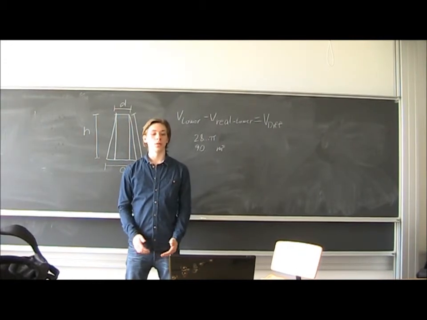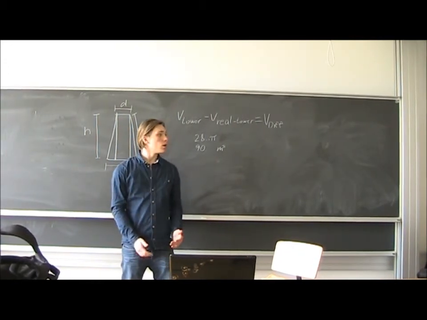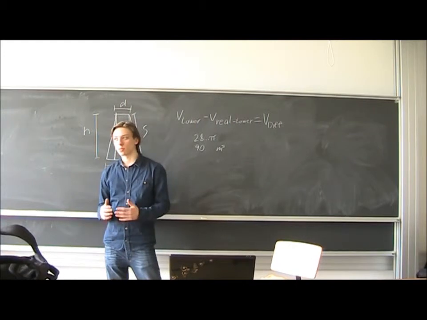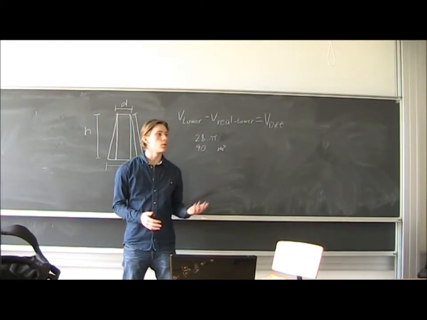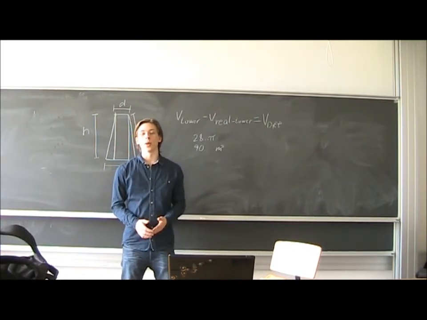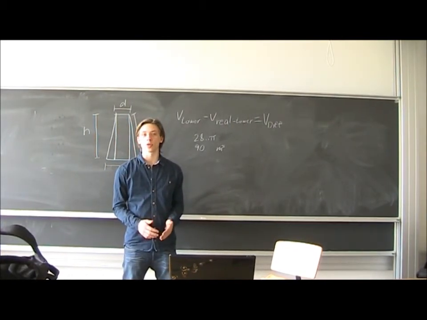Introduction to why we calculate the area in the real tower. The reason is that if you are designing a real wind turbine, you have to have all the figures right.